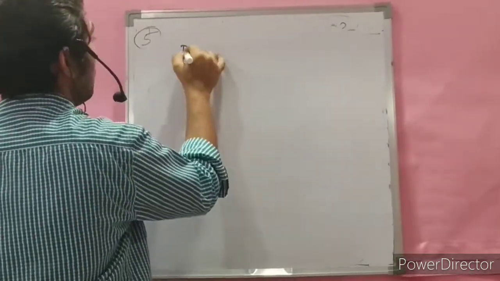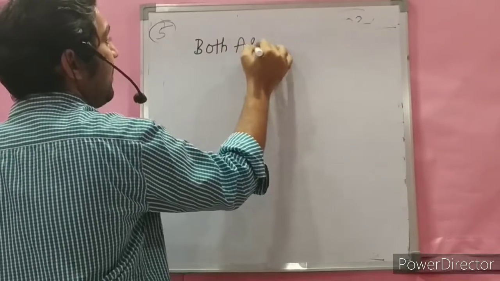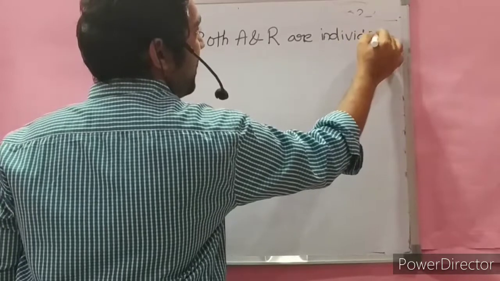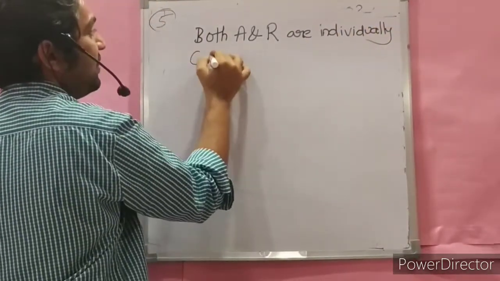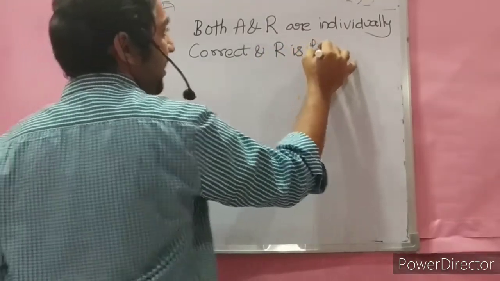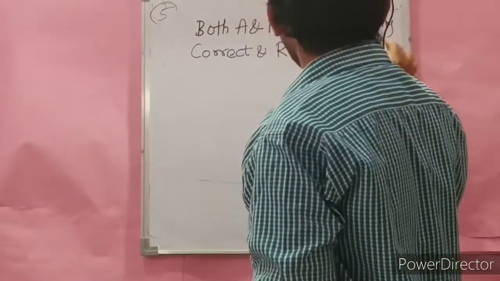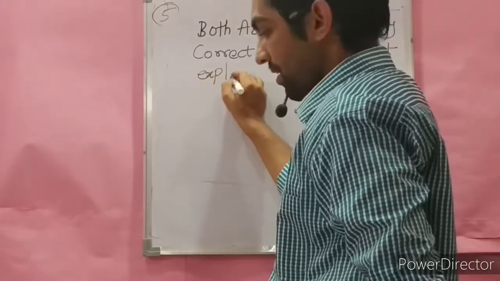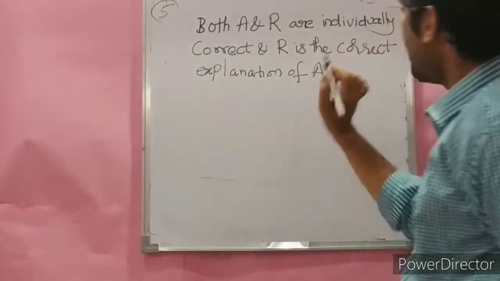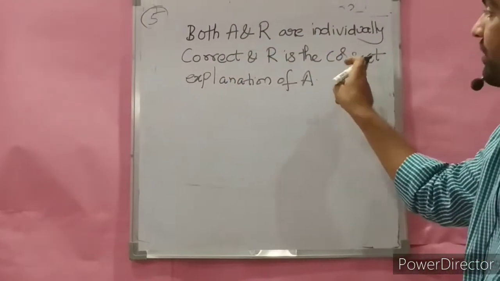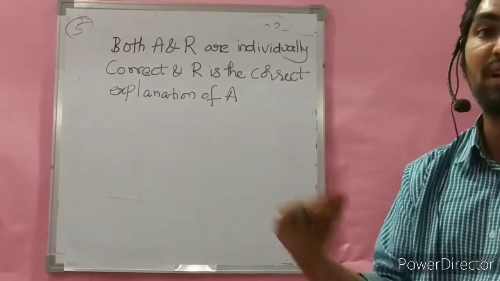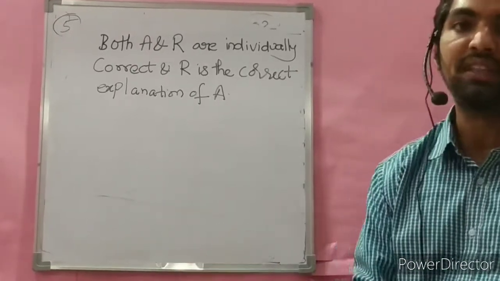Both A and R are individually correct, and R is the correct explanation of A. Both assertion and reason are individually correct and R is the correct explanation of A. Because of the specific surface area property only, they are having the hygroscopicity, adsorbed water.